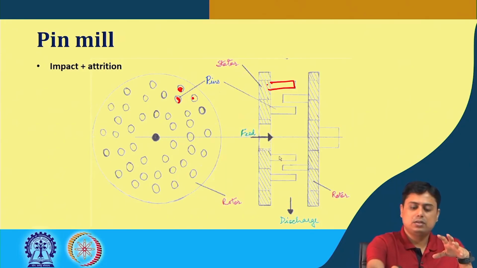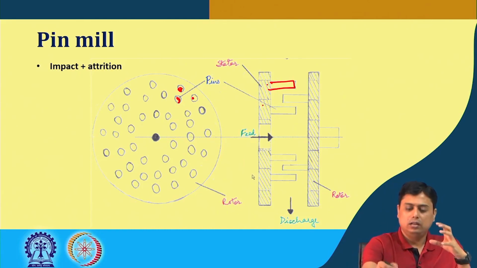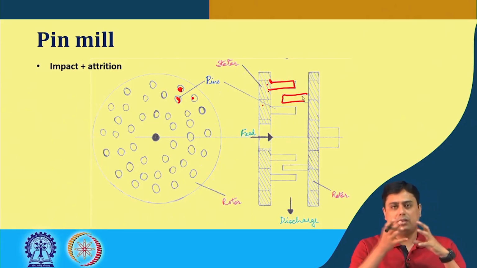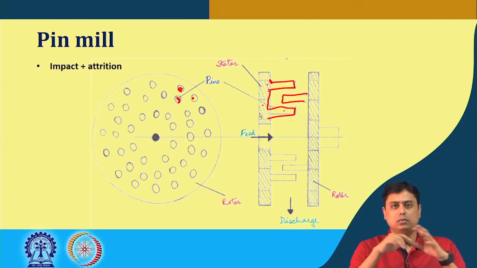These are attached to this wheel or circular disc, and the opposite one is arranged in such a way that it can move through the spaces created between two extrusions or two pins on the other side of the plate.